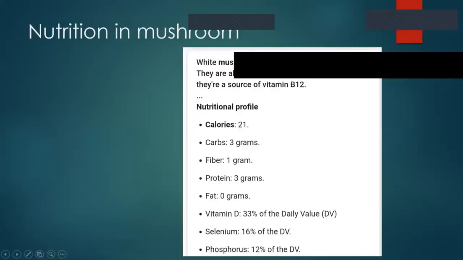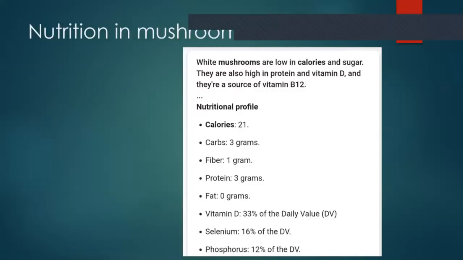Now, I'll give the details of nutrition values present in mushrooms so that you can learn more and include them in your diet. White mushrooms are low in calories and sugar. They are also high in protein and vitamin D, and they are a source of vitamin B12.